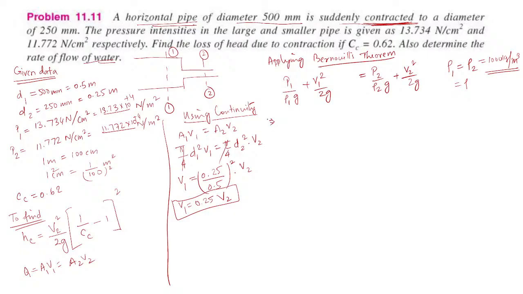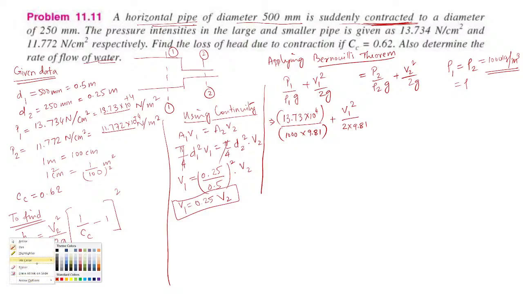So let me first substitute the values and see what we are obtaining. The P1 is 13.73 into 10 power 4. Then we have 1000 into 9.81. We got this factor. Now V1, let me write as V1 square by 2 into 9.81. Alright, now one more thing: if I take the denominator common, can I get that G is a common factor?